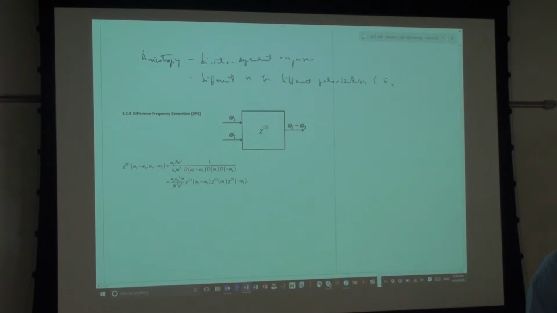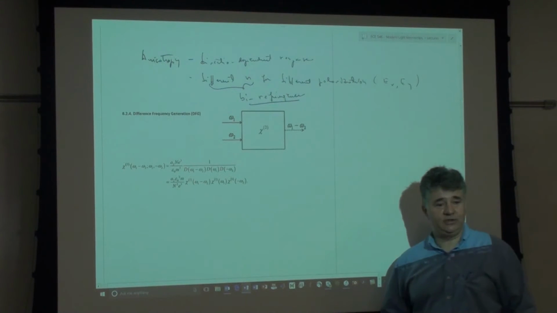Say EX, EY, different components of the electric field. So two different refractive indices means birefringence. Okay, so if you want, birefringence is the result of anisotropy.